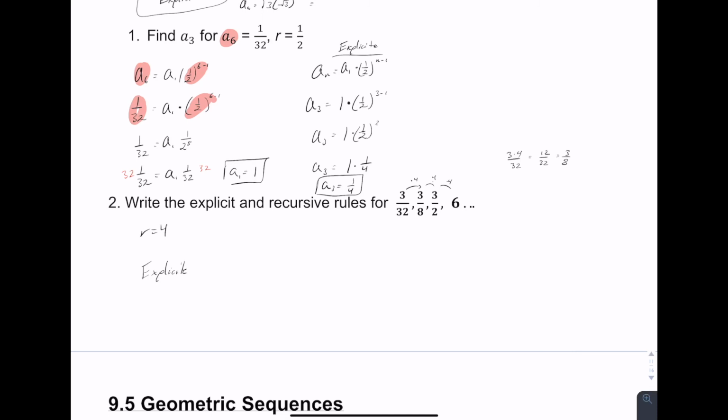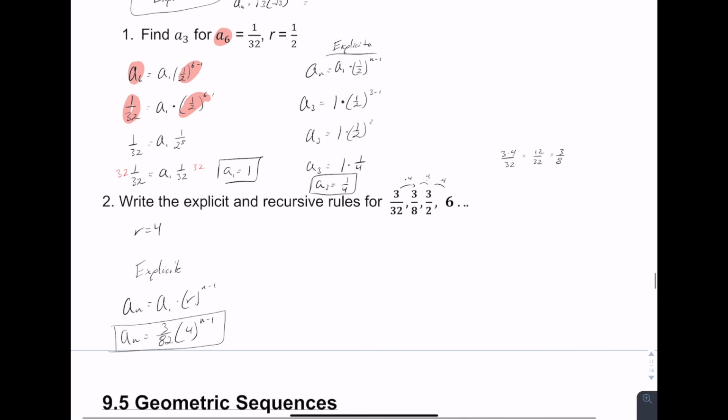Explicit, that gives me, let's see, it was an equals a1 times r to the n minus 1. So an has to equal 3 over 32 times 4 to the n minus 1. There's explicit. And now let's get recursive.